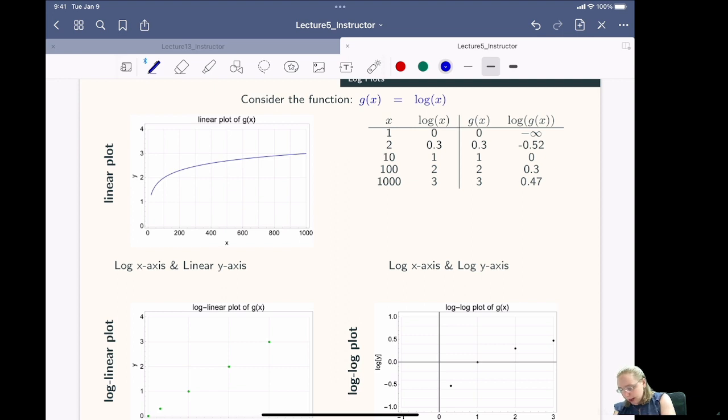So if we have some key points here, we're plotting this x against our g of x. This is our linear scale. So the point 1 is mapping to the point 0.